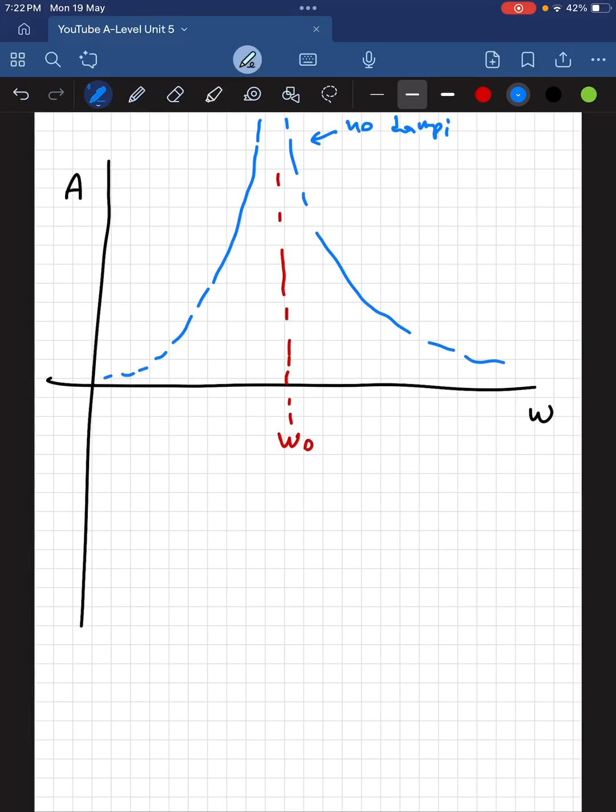So that's no damping. If we have light damping, we will get something that looks like this. It will increase by a lot, and at omega naught, we will get the maximum. This is light damping.